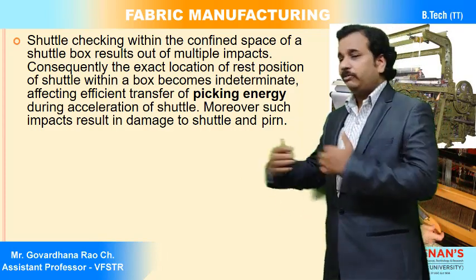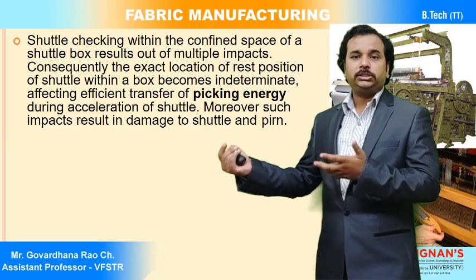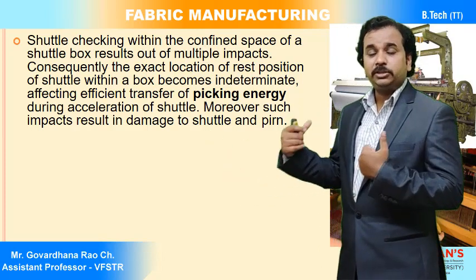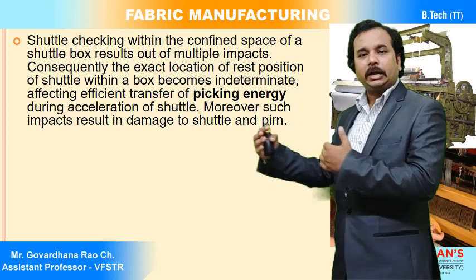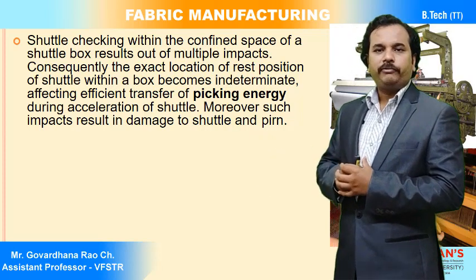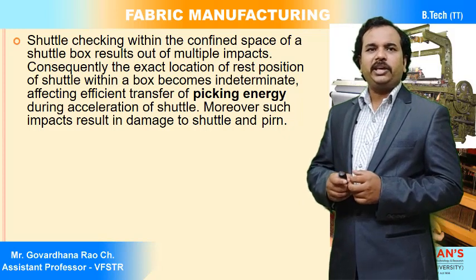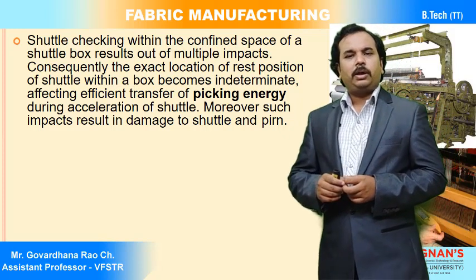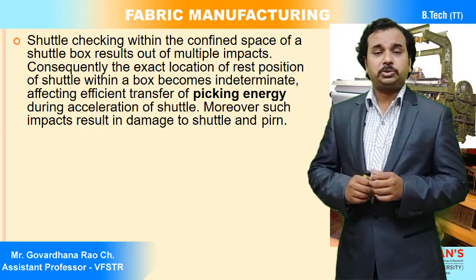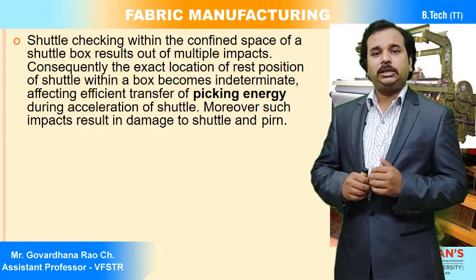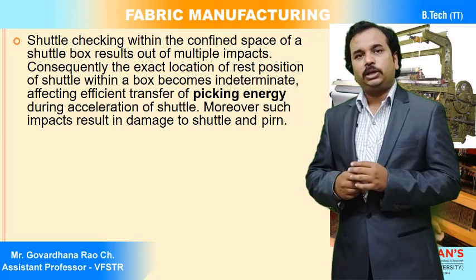So maybe it will be at the back end if the force is sufficient. If the force is more, it goes back and comes back to the front position. So it is not determined, and it affects the efficient transfer of picking energy.